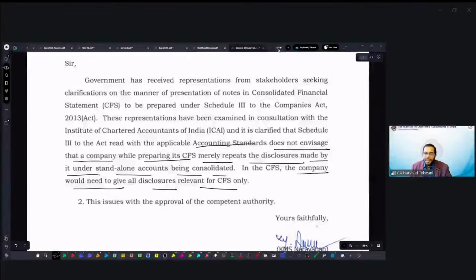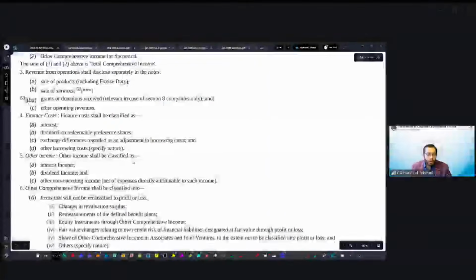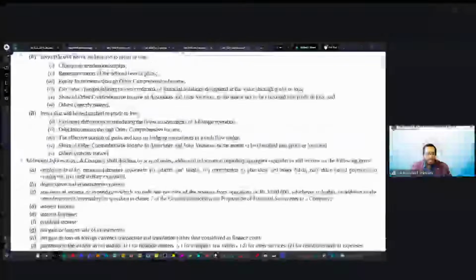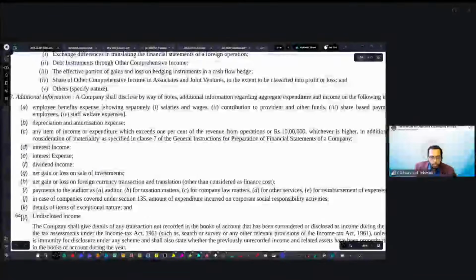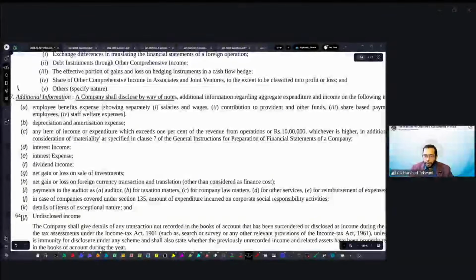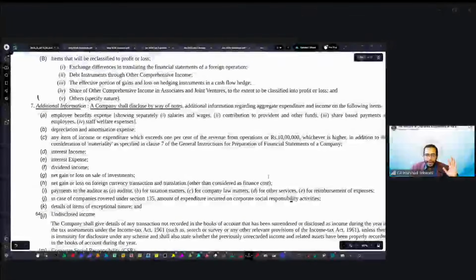Now let's go to Schedule 3. Schedule 3 specifies certain additional items that a company shall disclose by way of notes, in addition to the aggregation of income and expenditure. What are these?